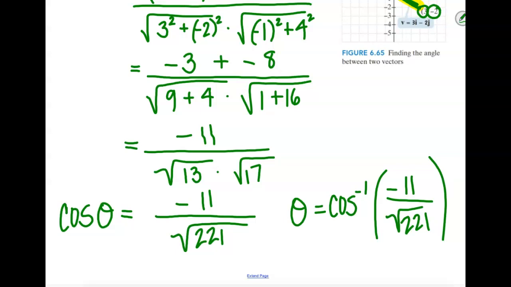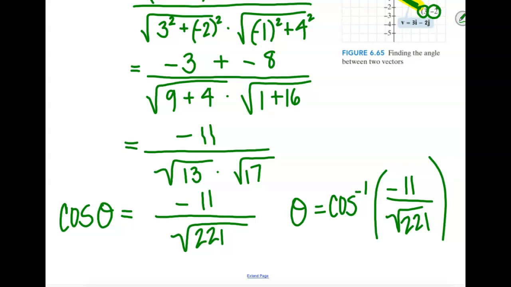So just go ahead and pause and do this yourselves. All right, so here we go. Make sure your calculator is on degree mode. You're going to say cosine inverse of negative 11 divided by the square root of 221. Move that cursor to the right and then finish off that parentheses.